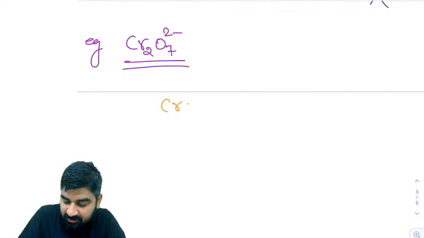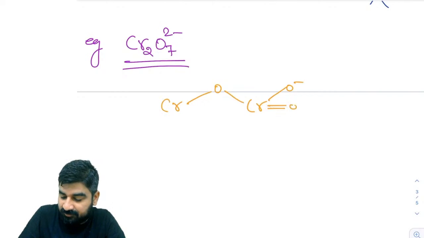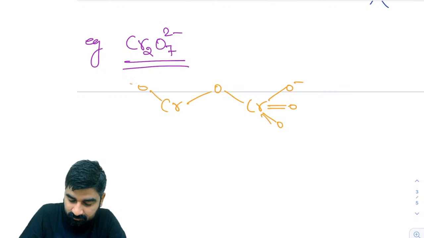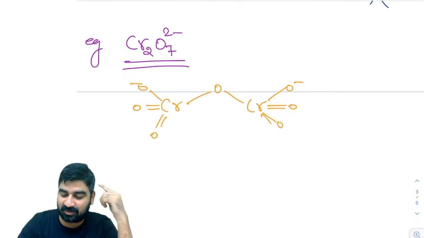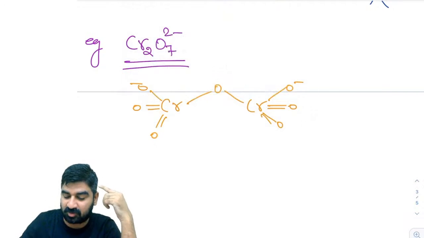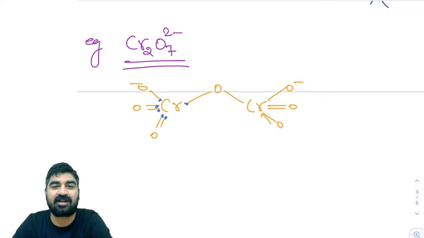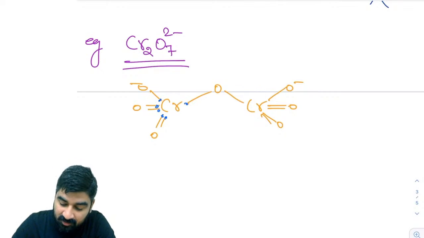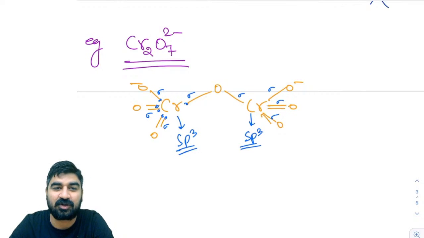So just draw the structure. You will be getting it like this, and then you have O minus, then you have O minus. Now you can calculate sigma bonds, because there is no lone pair on chromium. All 6 electrons are participating in the bonding. So you have 1 sigma, 2, 3 and 4. So this will be sp3. Again, this will be sp3. Any doubt, guys? Got it?